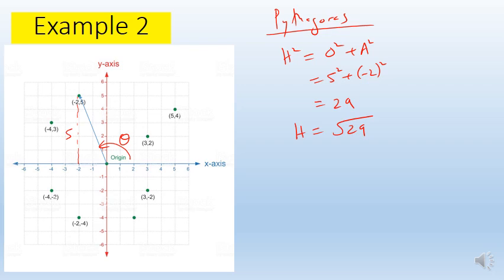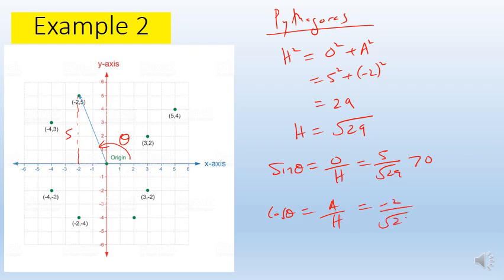And then we can practice SOHCAHTOA. Sine of theta is opposite over hypotenuse. The opposite side was 5 and the hypotenuse was root 29. Look at the CAST system here. Sine theta is positive in the second quadrant, and we know this. Cos theta, adjacent over hypotenuse, would be minus 2 over root 29, less than 0.